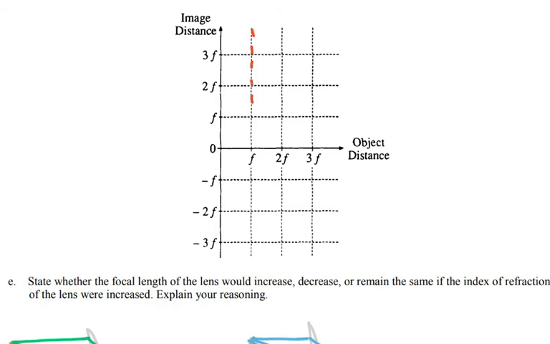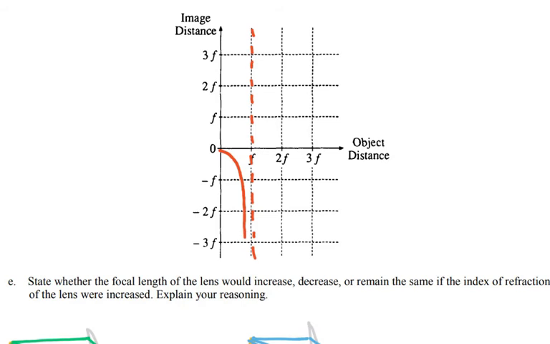So right here, you will have no image at all, or we can say the image is appearing somewhere in infinity. If the distance to the object is between the focal length and the lens, then my di, so this is di that they want me to graph, my di is going to be negative. So I'm going to have di negative.